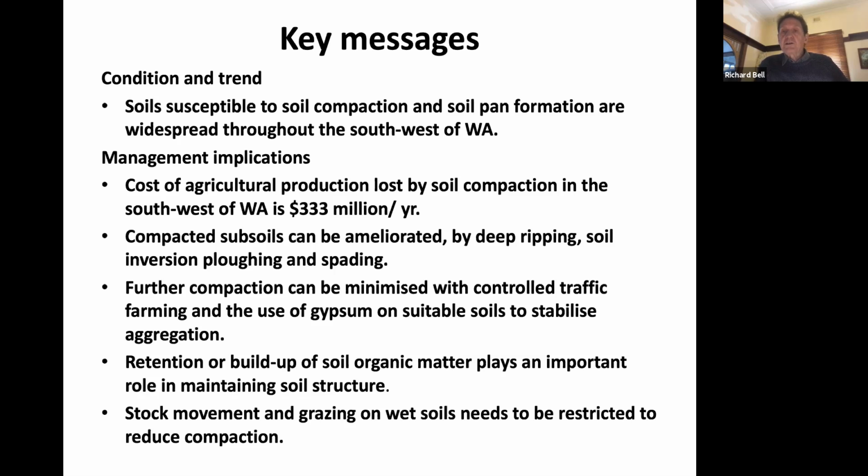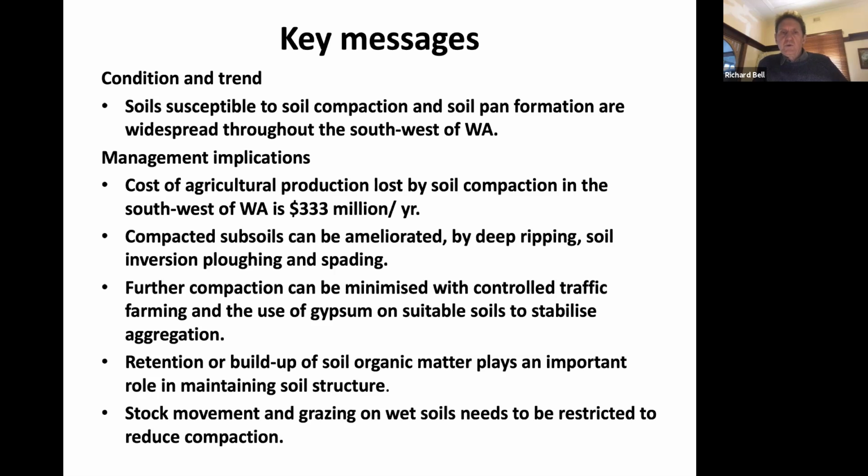But there are technologies that have been developed. Deep ripping's been around for quite a long time, and more recently, the inversion ploughing technologies have become popular, as well as spading. So they're engineering treatments to try and overcome compaction, and they're obviously reasonably expensive.